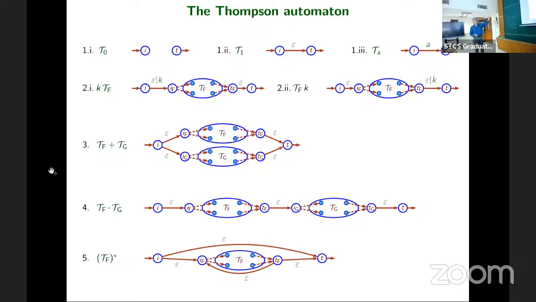And now I can explain in one word how we build the new automaton. This I got from the Thompson automaton, and I call it the net automaton for some reason.